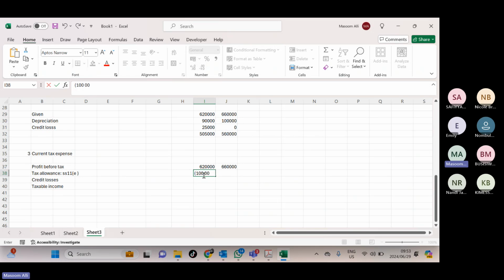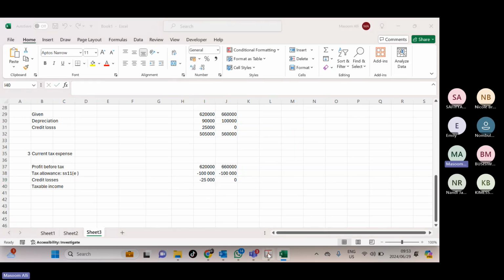So you take that 100,000 into account over there. Remember, this was the wear and tear allowance. You only take the wear and tear into account, right? Then they said that SARS will allow the write-off as an allowance. It wasn't last year, but that other one was, right? The credit losses.